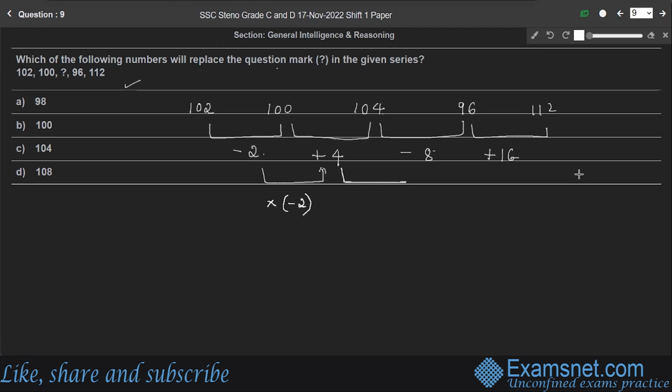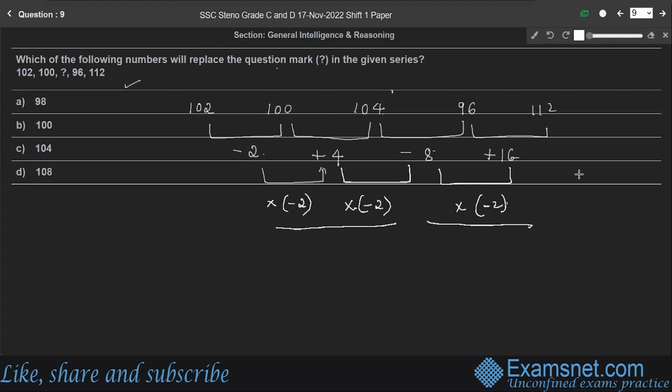Just multiply these differences by minus 2. Plus 4 into minus 2 gives minus 8, and minus 8 into minus 2 gives plus 16. So here the multipliers are minus 2 and minus 2.